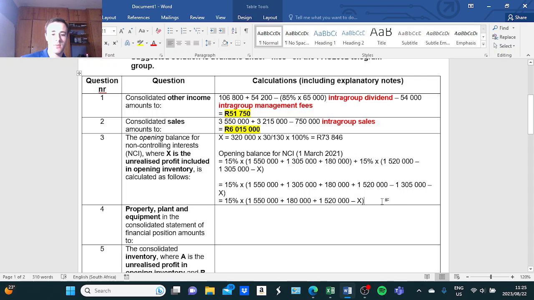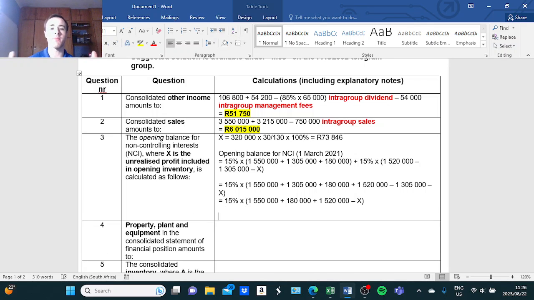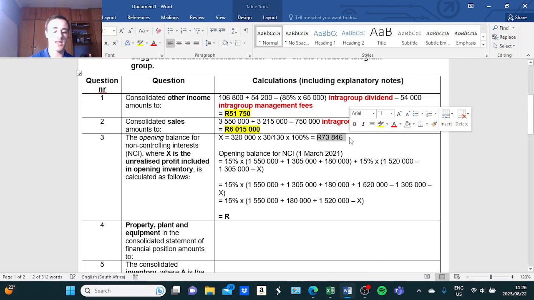Alright, so just for confirmation, let us test whether our amounts add up correctly. If we calculate the correct balance for NCI as at the 1st of March 2021, you should get the following amount: 15% times 1,550,000 plus 180 plus 1,520,000, and then we subtract the unrealized profit in opening inventory, which is 73,846.